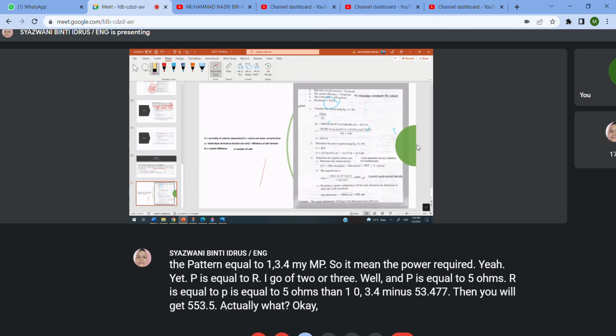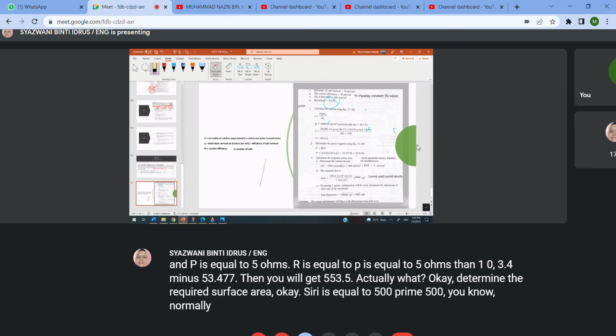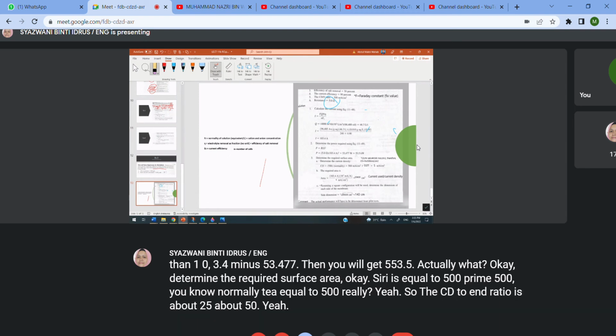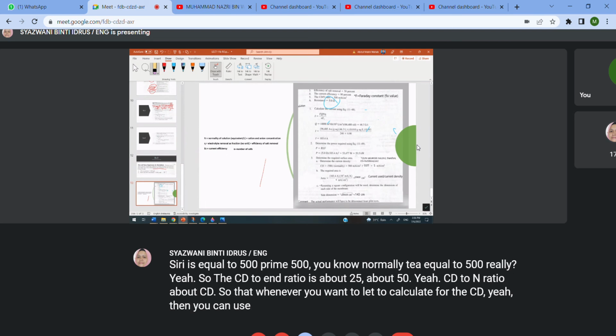Okay, determine the required surface area. CD is equal to 500 normality, equal to 500 milliampere. The CD to N ratio is about 50. Whenever you would like to calculate for the CD, then you can use this equation.